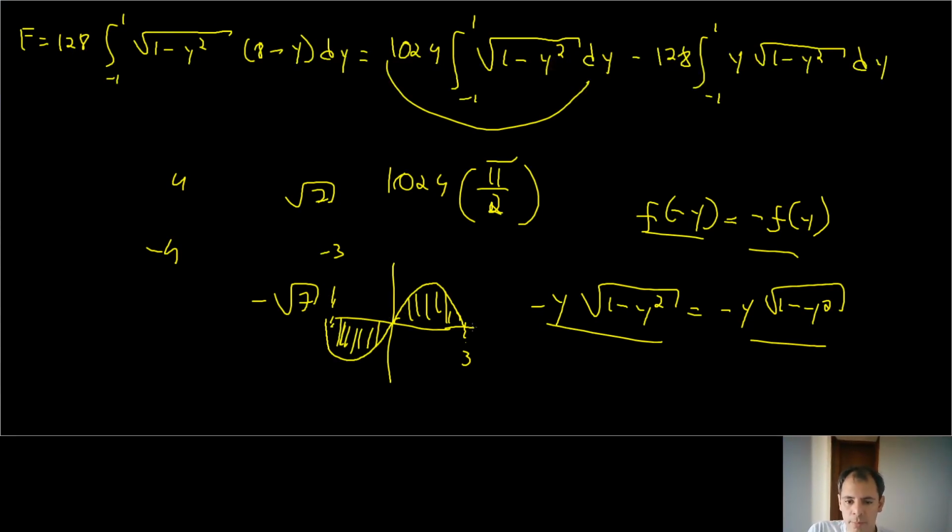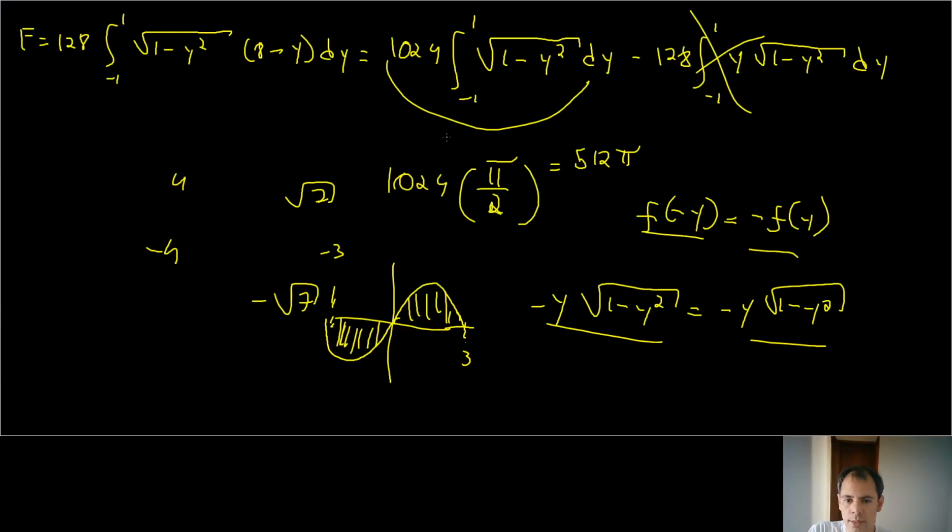So if you integrate from -3 to 3, you're just going to get a 0. It's the same stuff in here. You integrate from -1 to 1, from -2 to 2, from -103 to 103, this is going to be 0, so don't worry about that. So in the end, you have 512 pi. That's going to be the force.